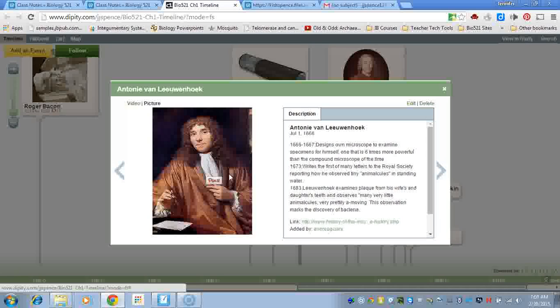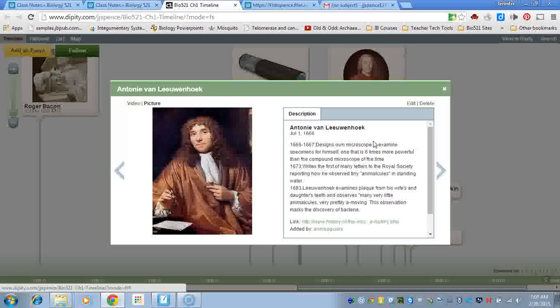The compound microscope was discovered in the late 1500s, and van Leeuwenhoek was doing his work about 100 years later. He is known as one of the fathers of microscopy because he built over 500 microscopes in his time, and he did a lot of work improving lenses and their resolution.